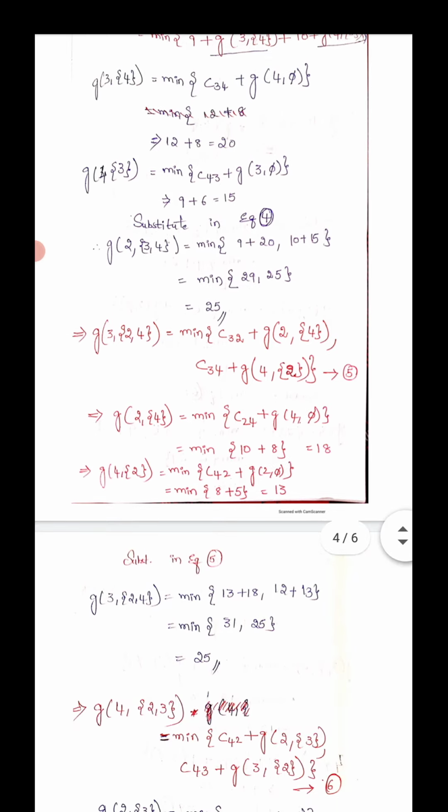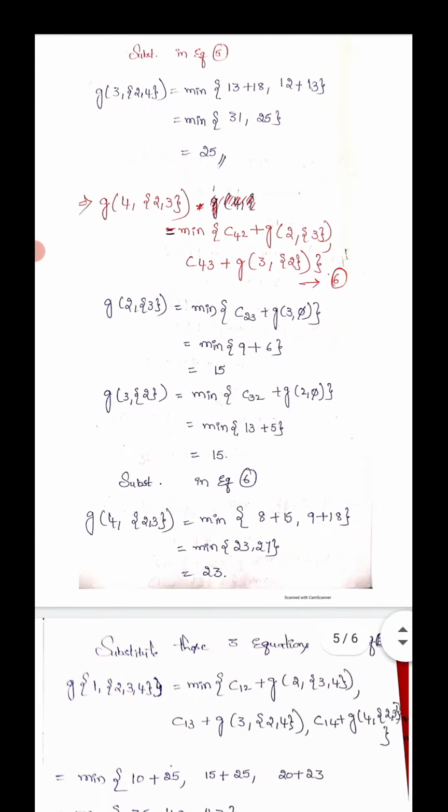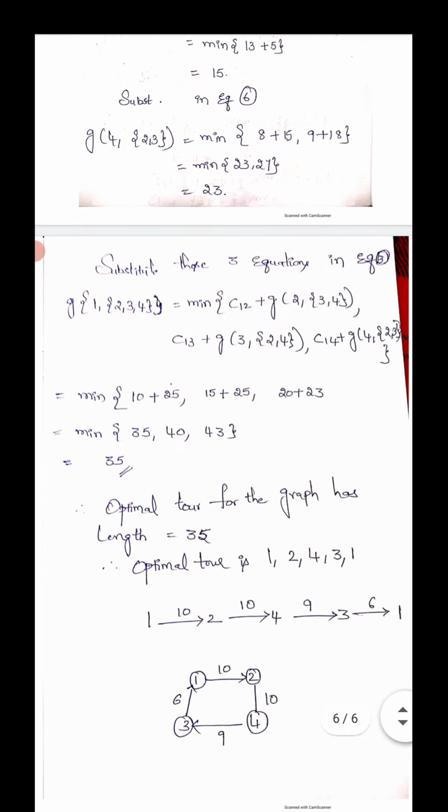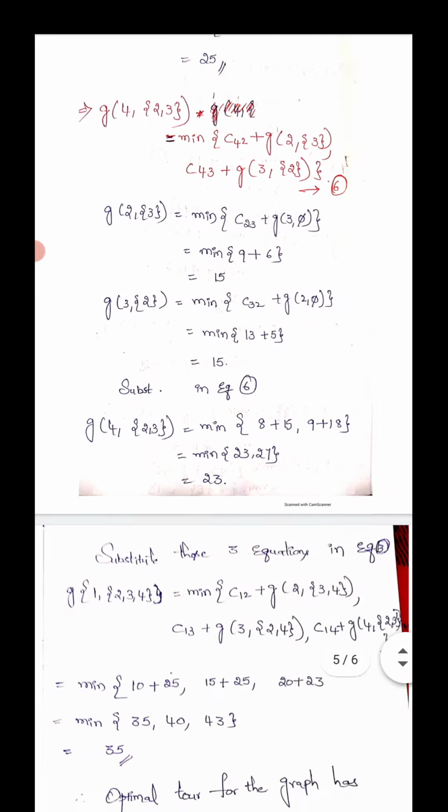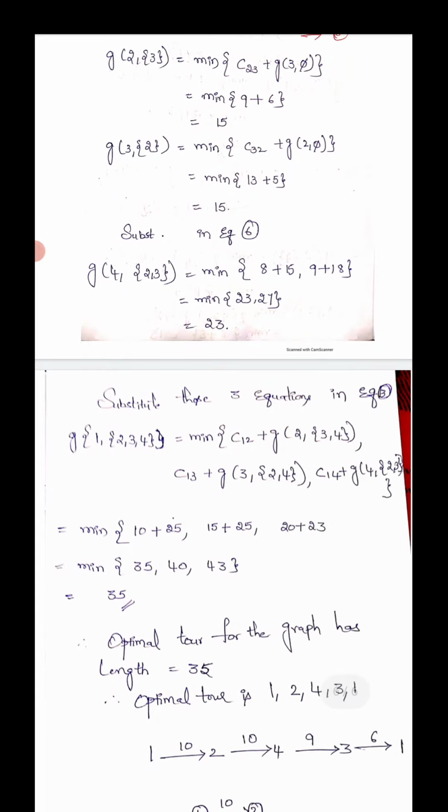Next, g of 3 comma 2 comma 4, how much? 25. Now c suffix 1 3, in the sense first row, third column, 15, plus g of 3 comma 2 comma 4, which is 25. c suffix 1 comma 4, in the sense first row, fourth column, 20, plus g of 4 comma 2 comma 3, how much can we get?